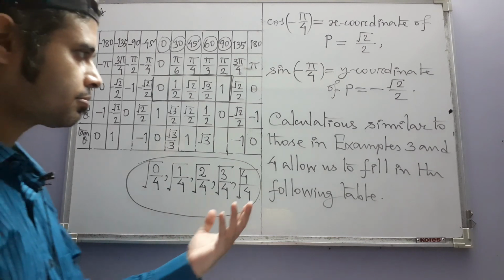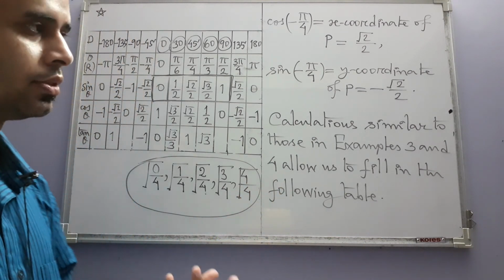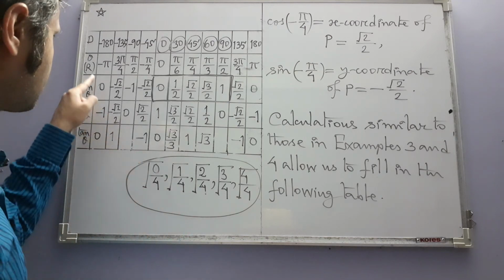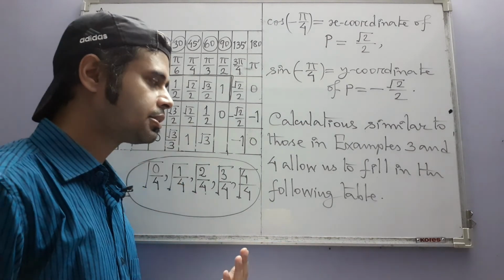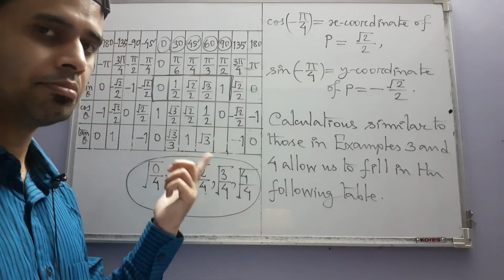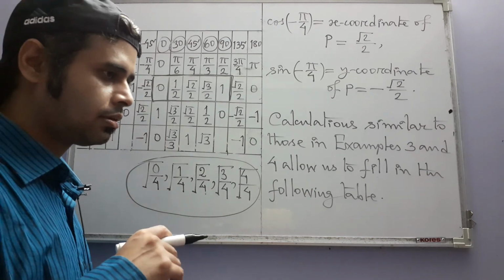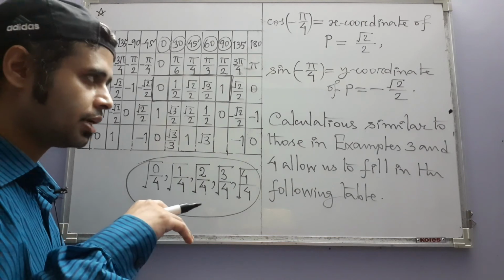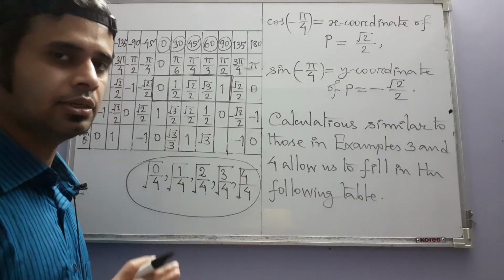After this, we have the graphs of these functions. Looking at the graphs, you will see that these functions, particularly sine theta and cos theta, exhibit something known as periodicity. We mentioned this in the beginning of this section itself, that in regular intervals on the x-axis the values repeat.